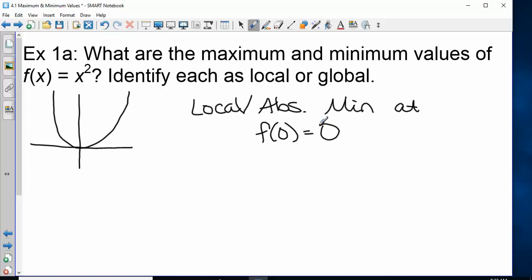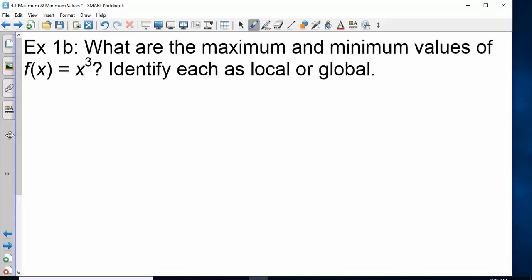Okay, so far so good. B, maximum and minimum values of x cubed. So what's x cubed look like? A chair.